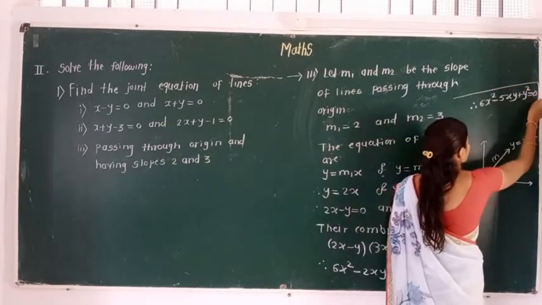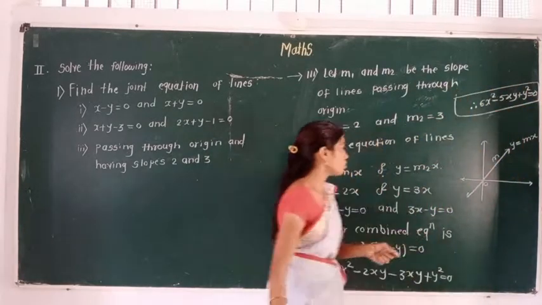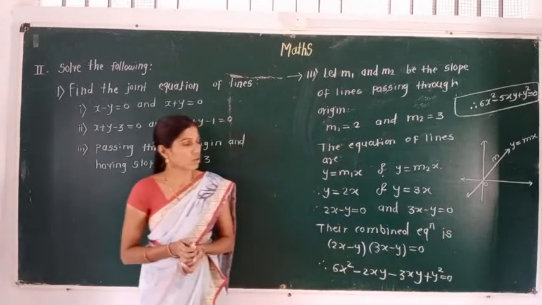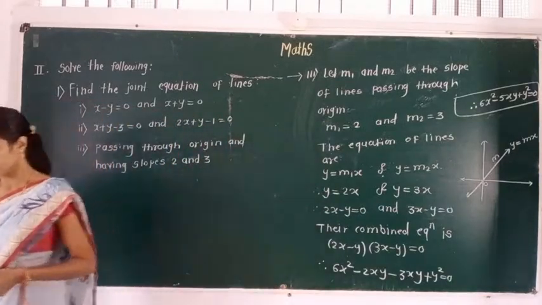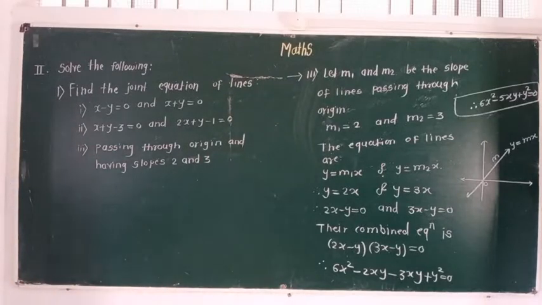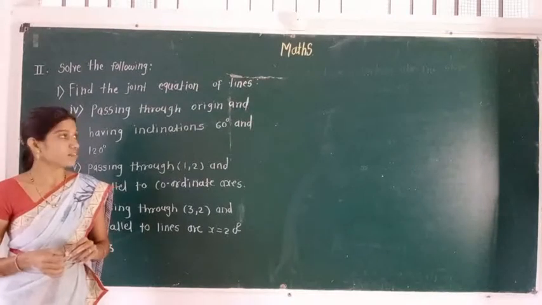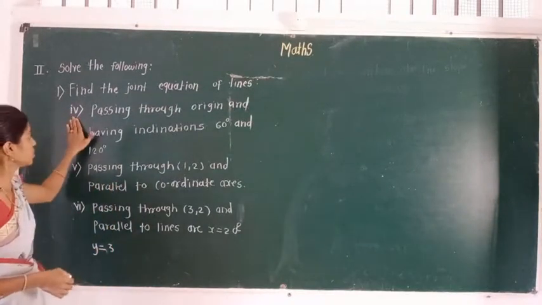It is the joint equation of the given two lines. Okay. First of all, we take a screenshot of this example. Let's see example number 4.